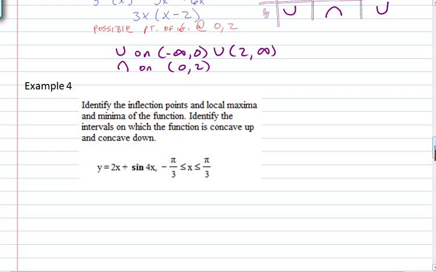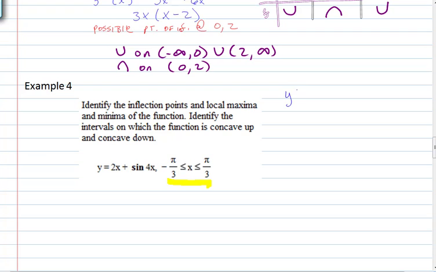Okay. Example 4. Identify the inflection points and the local maxima and minima of the function. Identify the intervals where the function is concave up and concave down. We want to know it all, but only over this interval. Okay? So that means I need to find what?